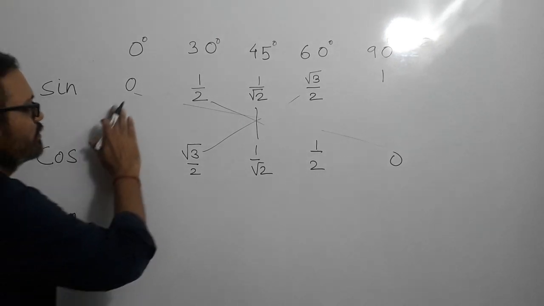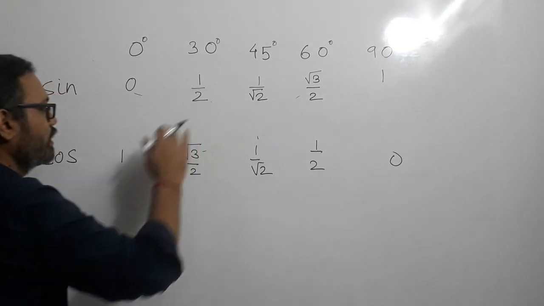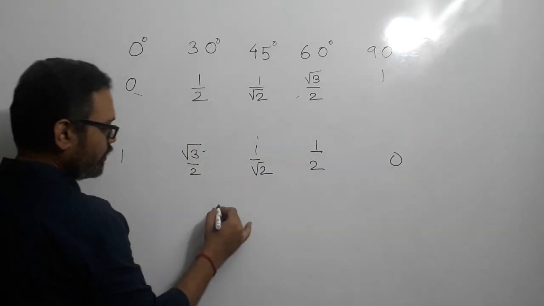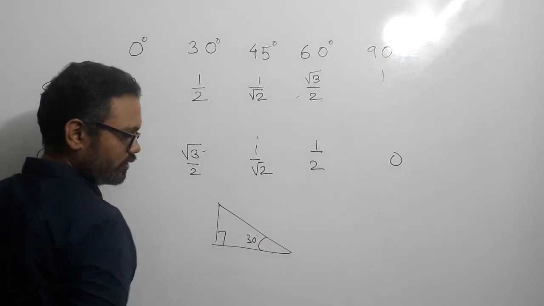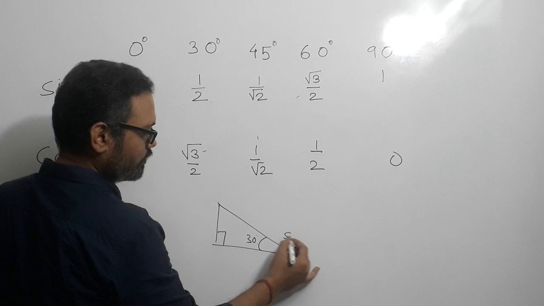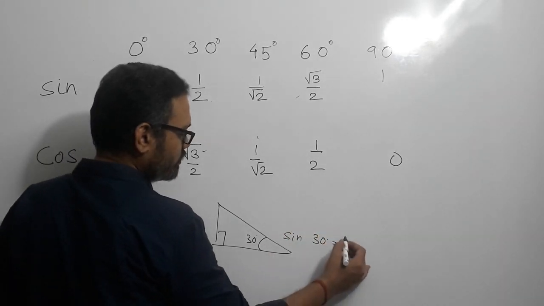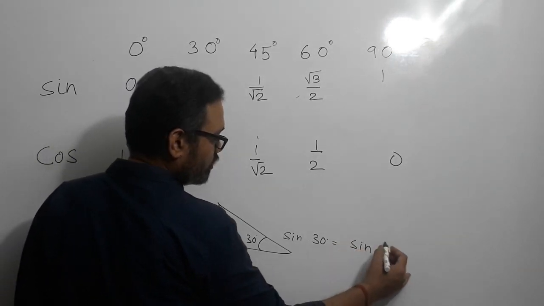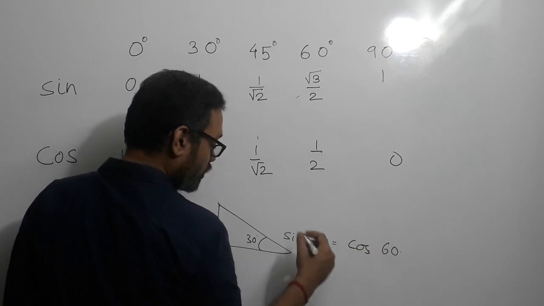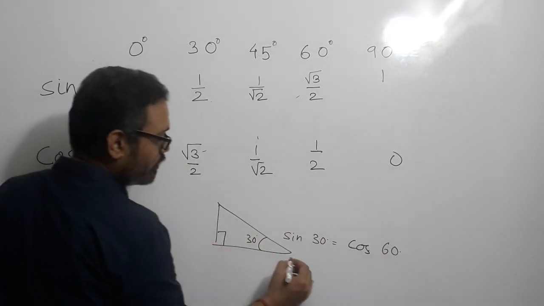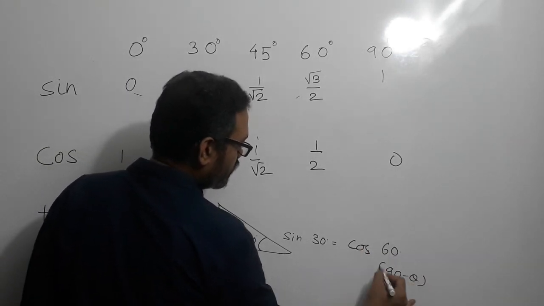And why is this? Let me just give you. If you can understand, then okay. If you don't understand, then leave it. No need to learn by heart or anything. Whenever in a triangle you have 90 degrees and this is 30 degrees, if someone is asking you sine 30, actually sine 30 is equal to cos 60. 60 can be written as 90 minus theta.